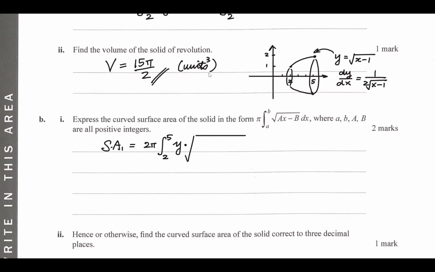Square root of 1 plus (dy/dx) squared dx. 2 pi from 2 to 5, root x minus 1, times the square root of 1 plus 1 over 4 lots of x minus 1.